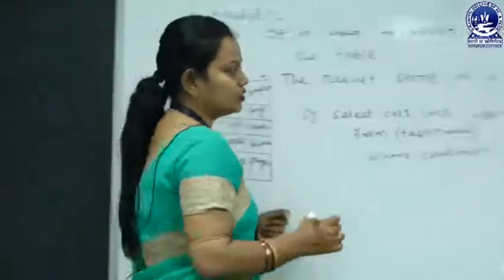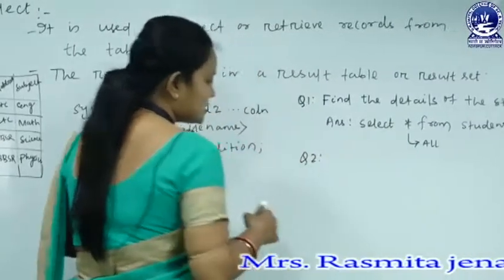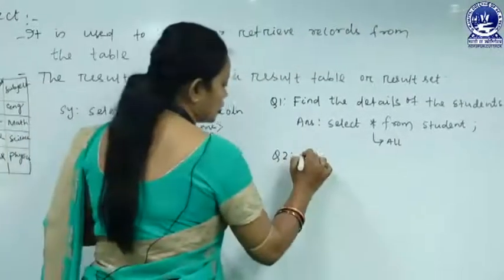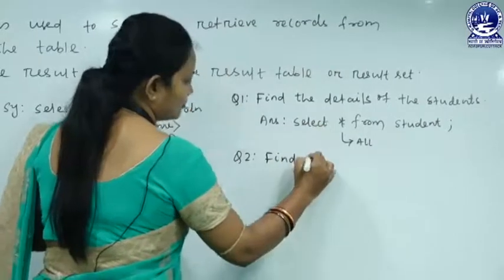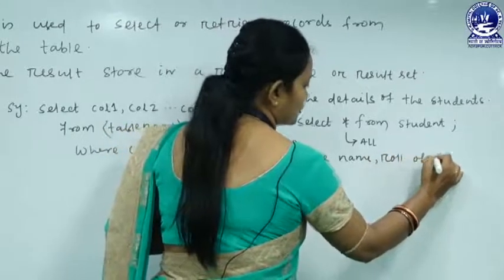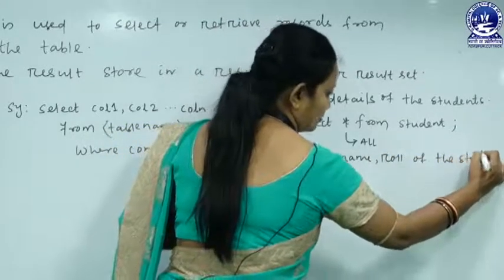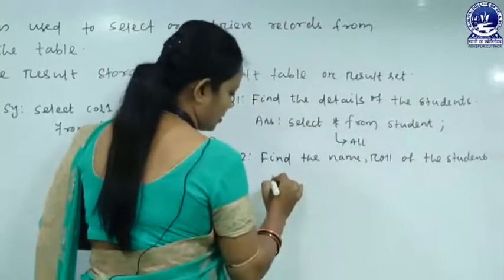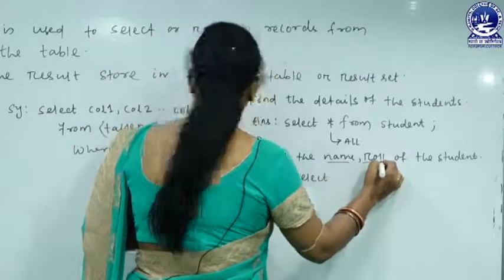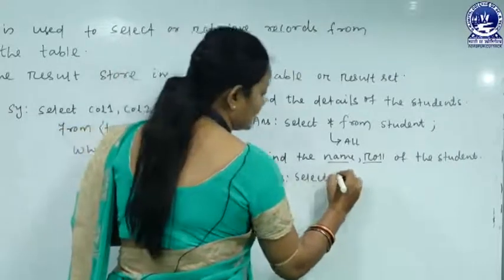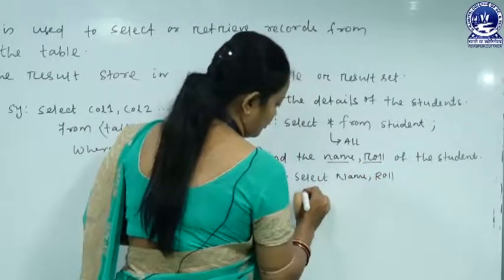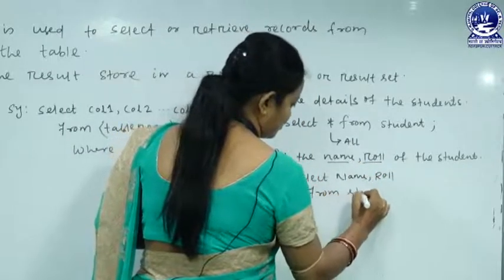Okay. Next, suppose there is another query, we have to display some columns or some attributes of the students. Suppose the query given is, find the name and role of the student. For that the query becomes: select name, role from student.